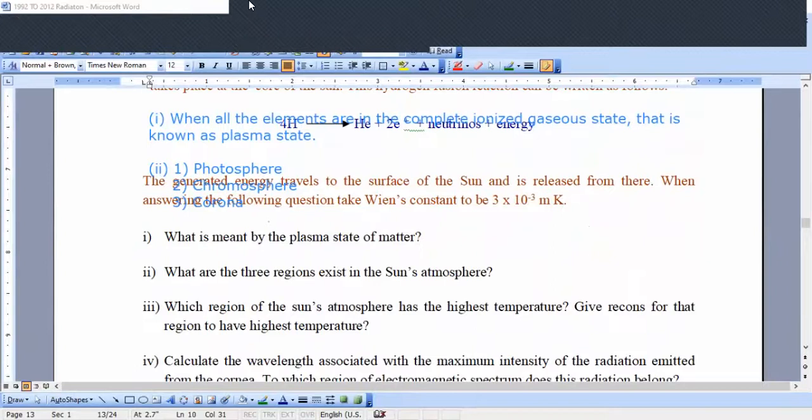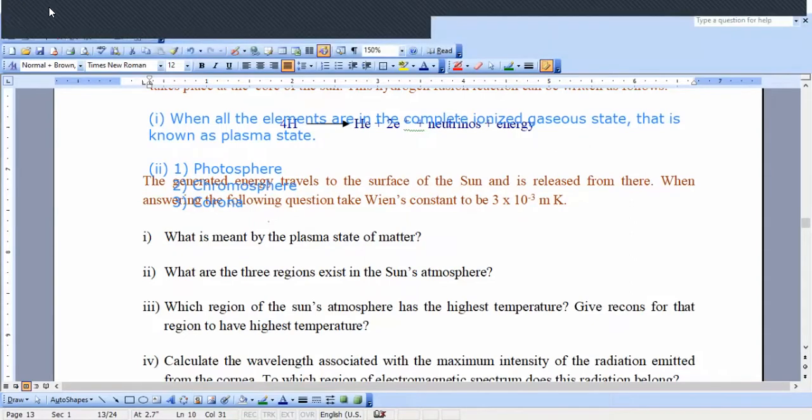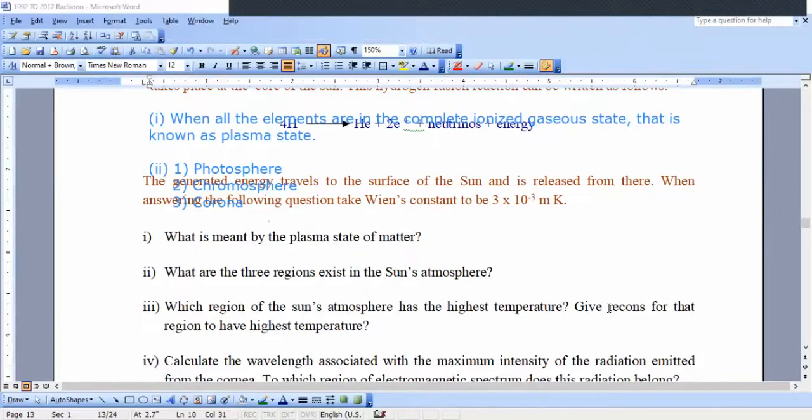Give reasons for that region to have the highest temperature. So they ask for the reasons also.